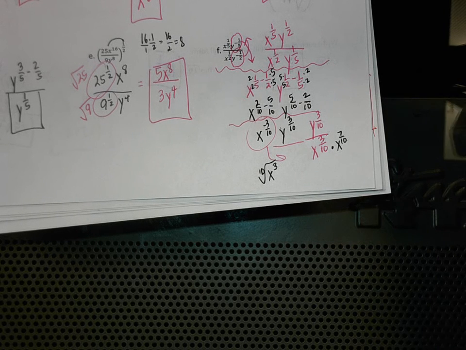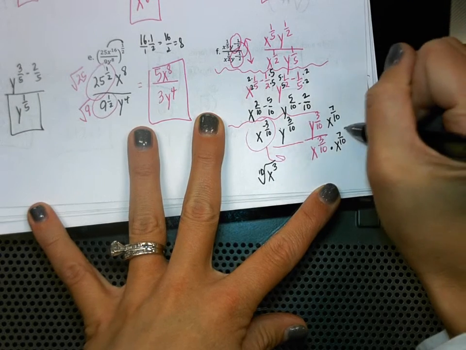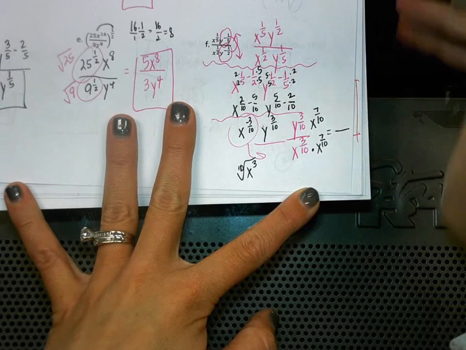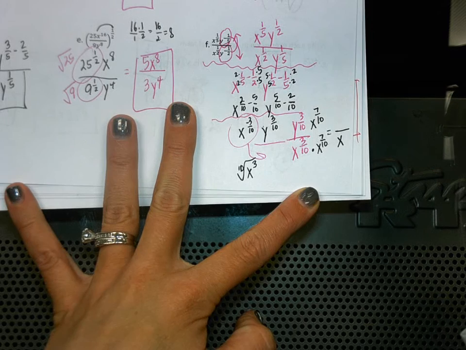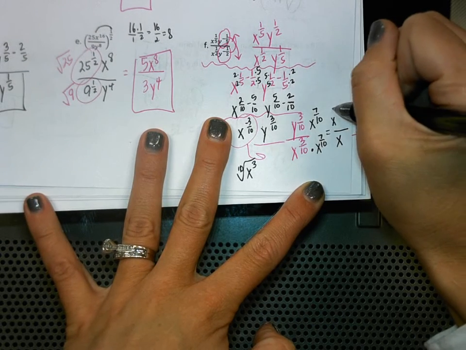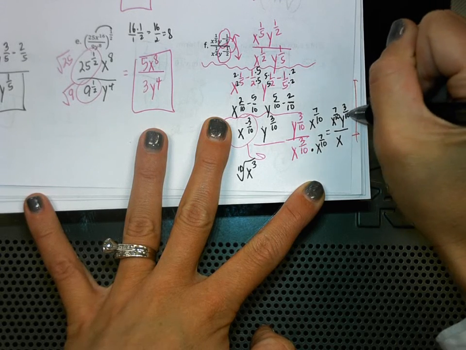And whatever you do to the bottom, you also have to do to the top. And so we end up with what in the denominator? Just x, right? X to the first power, because 10 over 10 would make 1. And then on the top, you want to write that in alphabetical order. So that's going to be x to the 7/10, y to the 3/10. And that is your final answer.